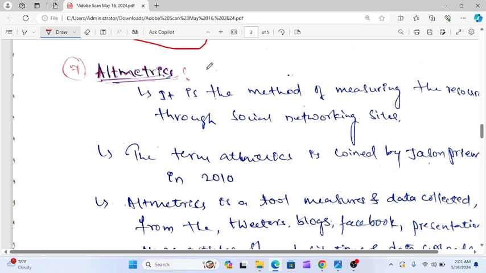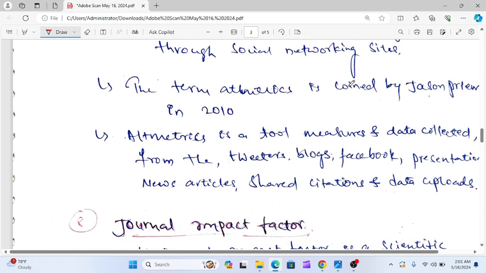This is the most popular one nowadays, altmetrics is used everywhere. Okay, it is a method of measuring resources through social networking sites. So how do we measure the resources through social networking sites?